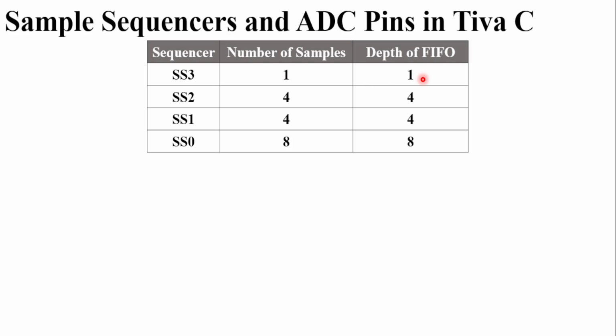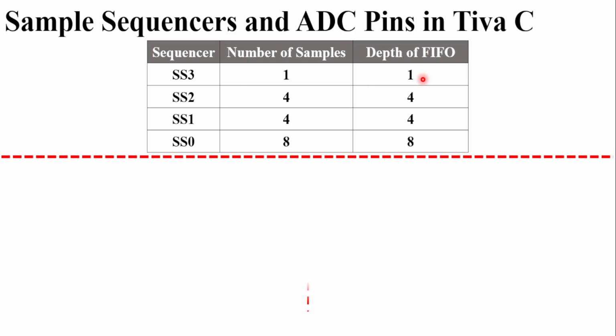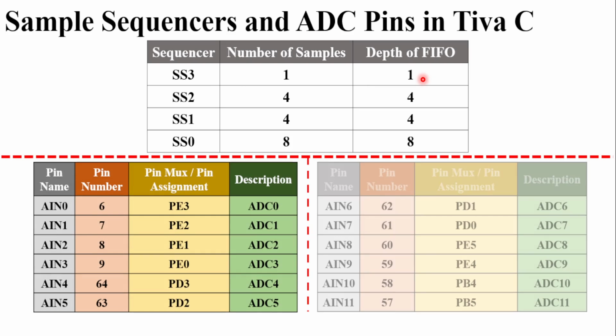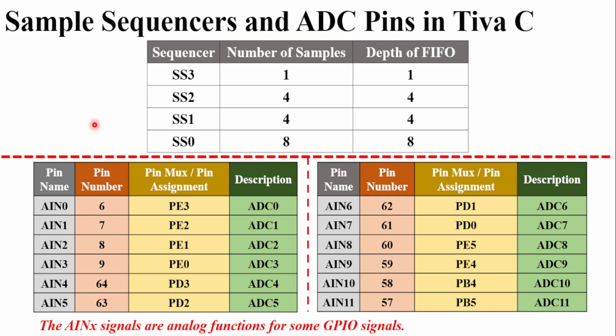Now coming to the pins, which are most important while we make the connections in the Tiva C board. So AIN0 to AIN11, there are 12 ADC channels. Physically, these pins are the pin number 6, 7, 8, 9, 64, 63, so on up to 57.